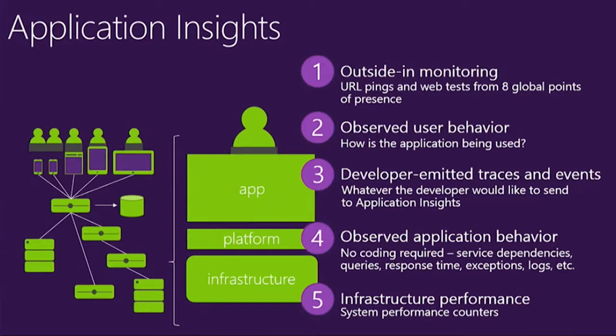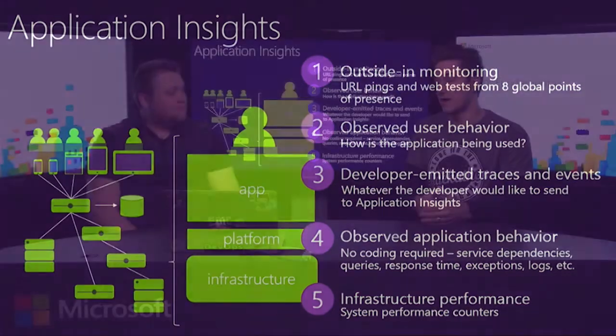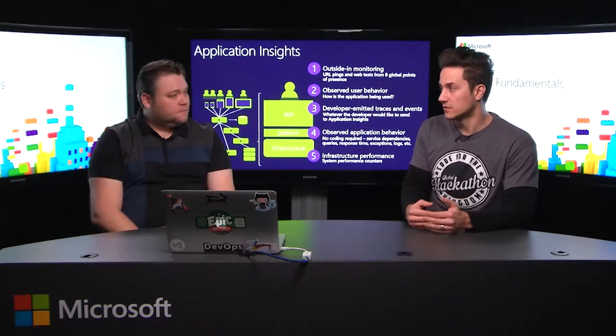For 4 and 5, App Insights also enables application behavior and infrastructure performance. To enable 4 and 5, you do have to enable the agent on the virtual machine. So 4 and 5 are what light up application performance monitoring. For that, you have to have at least the App Insights SDK installed and the agent installed.